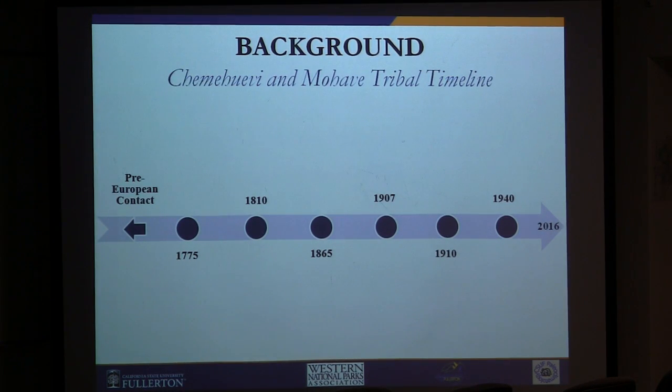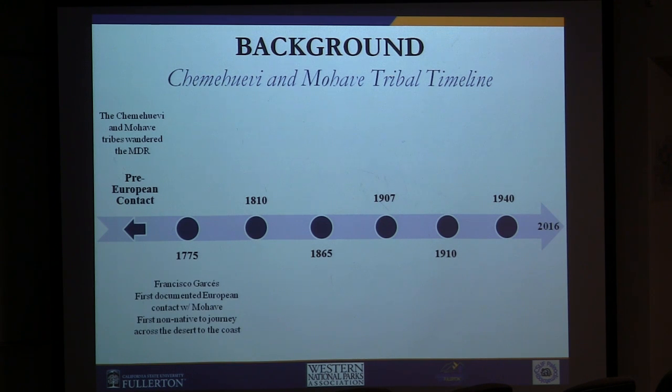So a little bit about the human impact to our site, which is kind of a cool little story. I'll do a real brief background on the Chemehueve and the Mojave tribe. So pre-European contact, approximately 2,000 years ago, the Chemehueve and the Mojave tribes wandered the Mojave Desert region. They were hunter-gatherers.